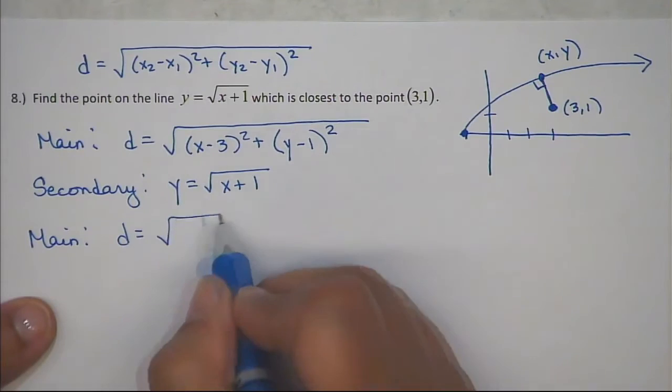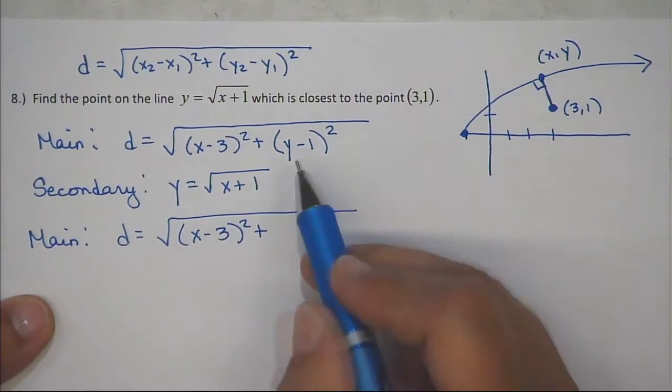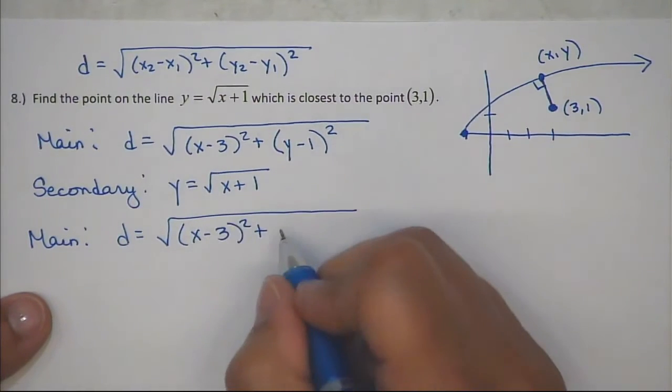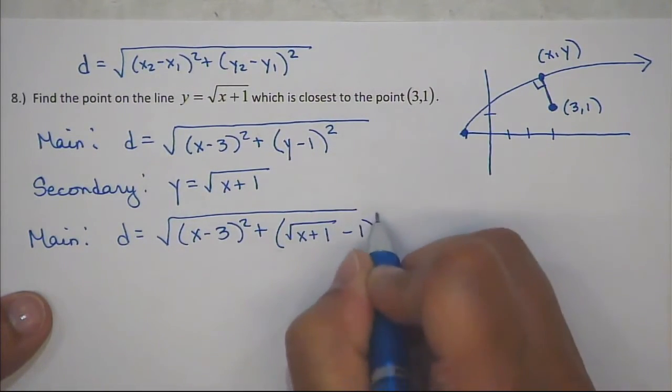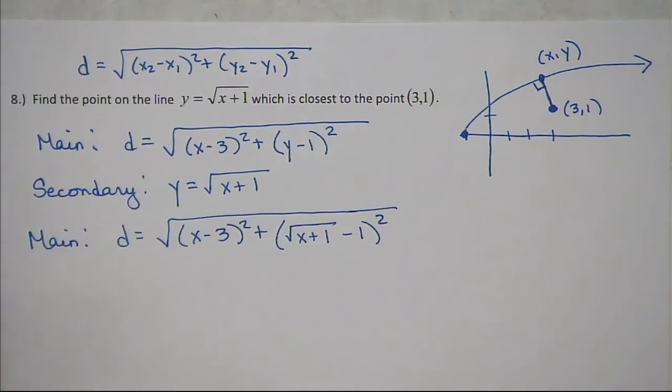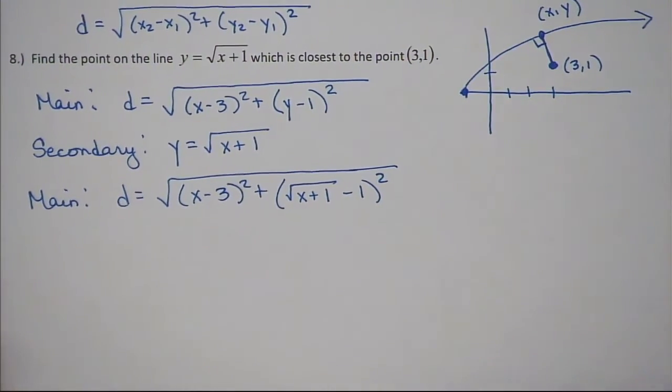All right, so we got x minus 3 squared plus, and then in place of this y, we're going to put what y is. So the square root of x plus 1 minus 1 squared. I got to stop writing so big. It's way too big. All right.